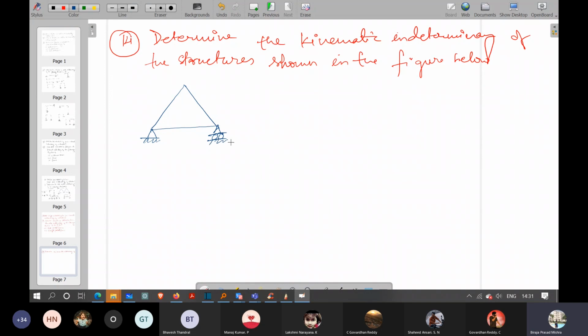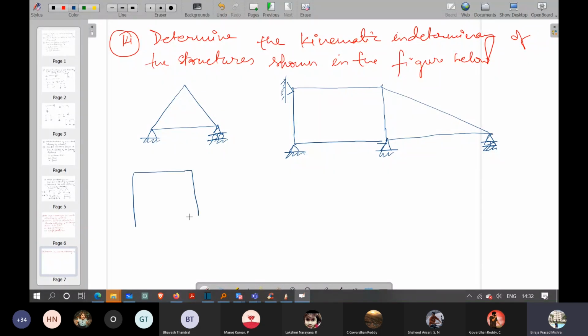Next one, the next structure can be like this. Another structure can be like this.